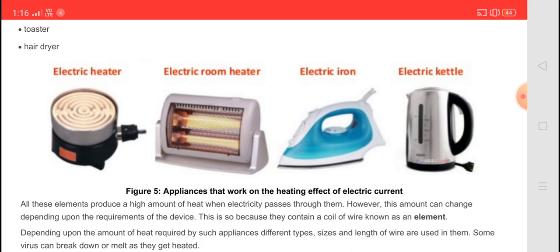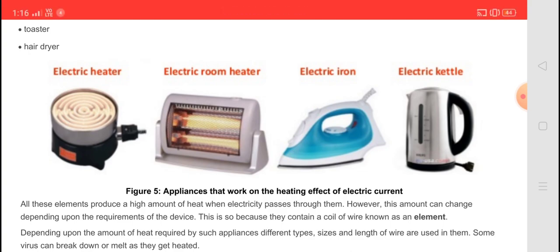Let us now take the example of the electric room heater and electric iron. The electric room heater has an element made up of a coil of nichrome wire. When the current is switched on in an electric room heater after connecting to the socket of the power supply line, the element of the heater becomes red hot and gives out heat.